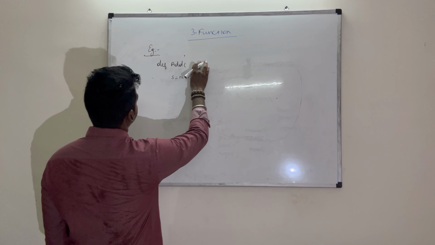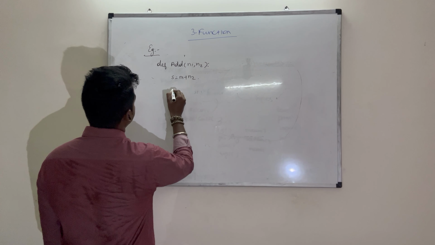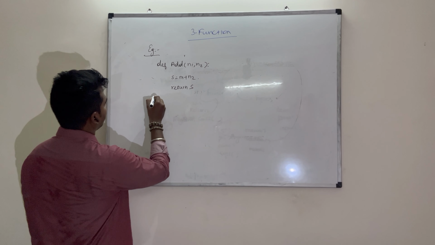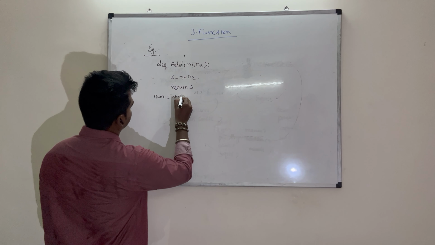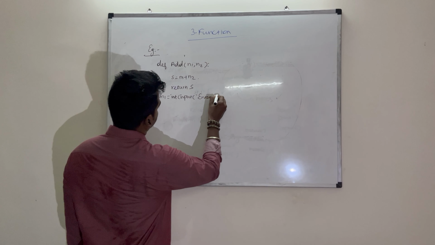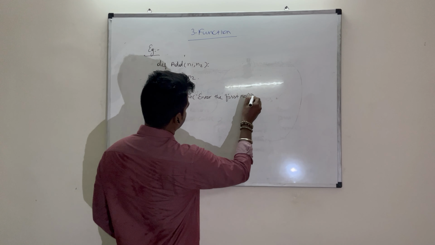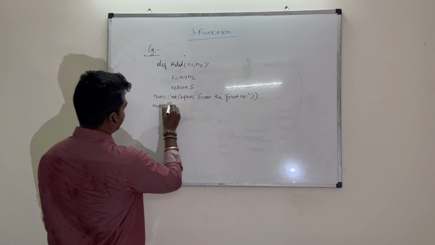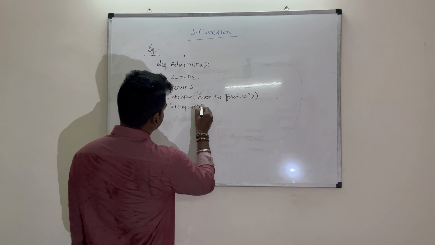So I can specify the parameters here. Then return s. Then num1 equals integer input, enter the first number. num2 equals integer input, enter the second number.